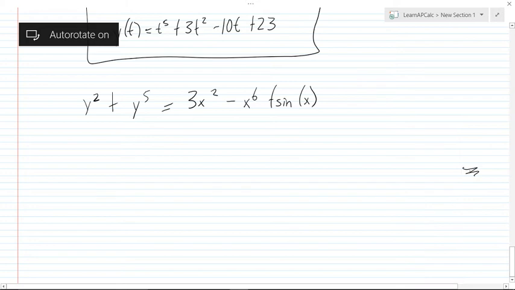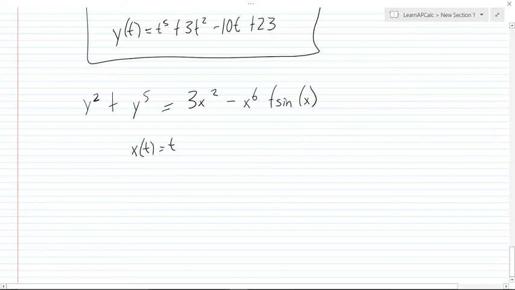Here if I wrote x of t equals t, and now if I say that y of t, and I just rewrite this, I'm going to get 3t squared minus t to the 6th plus sine of t, which looks simple enough, but this is in fact wrong.